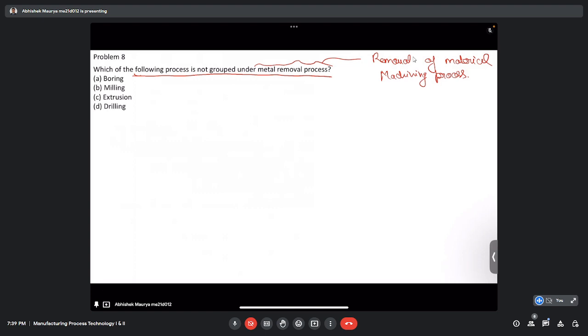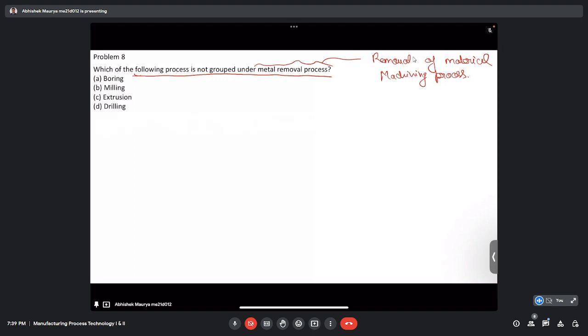All of you know that in the machining process, our aim is to get the final shape and size, or accurate dimensions, or we are aiming for a good surface finish.